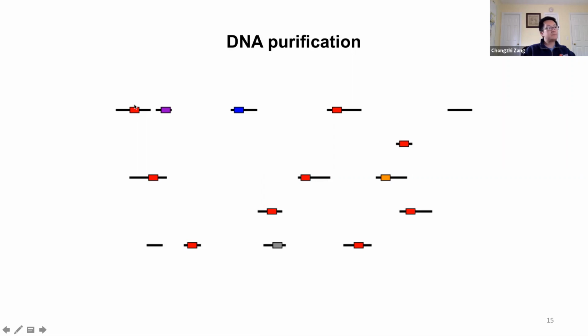So the next step is to determine the sequences of these DNA fragments, so that we can know where these DNA fragments, or the protein-DNA interaction events, happen across the genome.